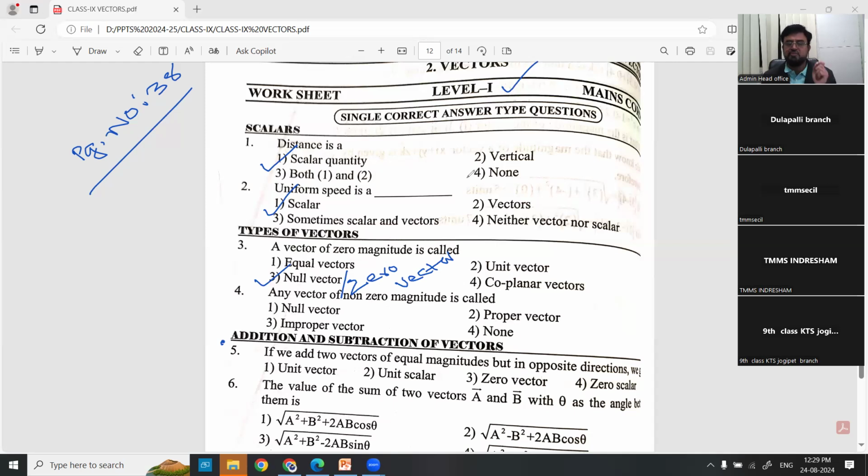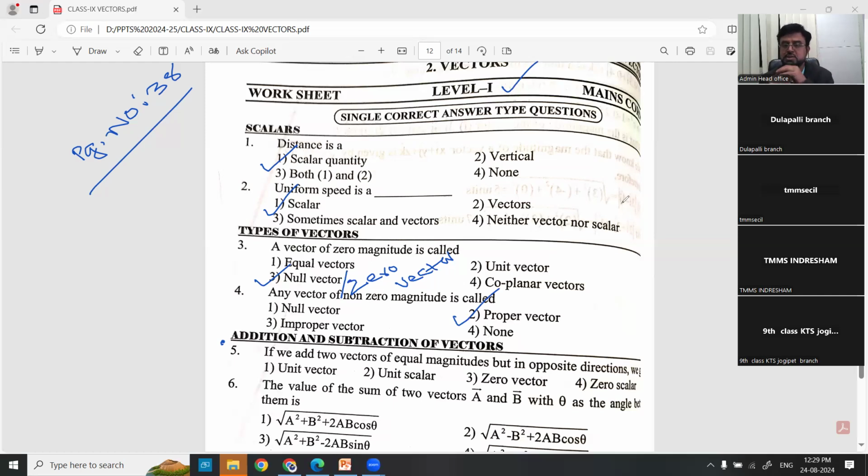So a vector of 0 magnitude is called either null vector or 0 vector. Question number 4: any vector of non-zero magnitude, that is, as I told, the proper vector. If the magnitude is not 0, it is called a proper vector, right?